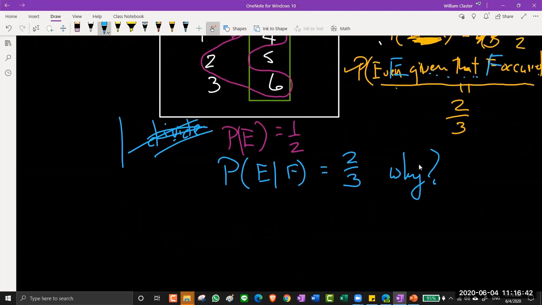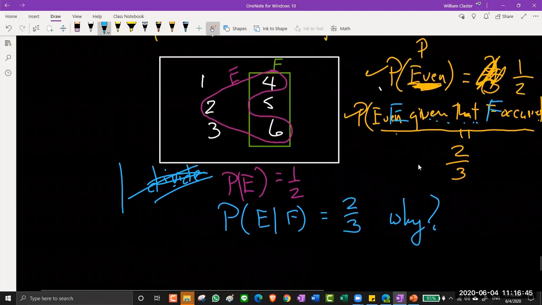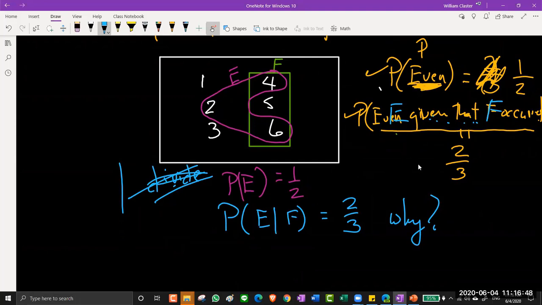So most everybody got the number right. So why is it 2/3? Isn't it because there are 3 even numbers and there are 3 F numbers, like in the F, and 2 of them are even?